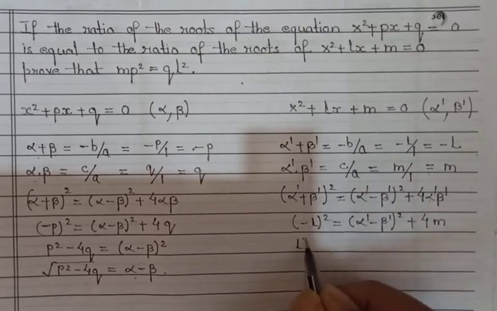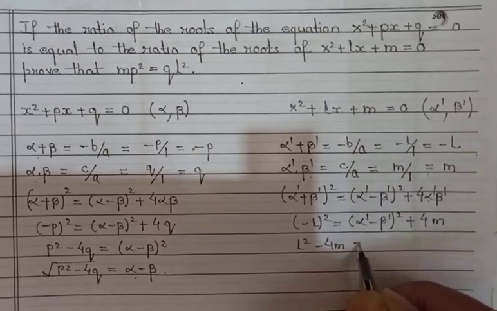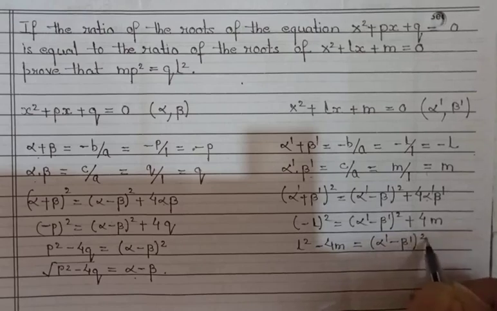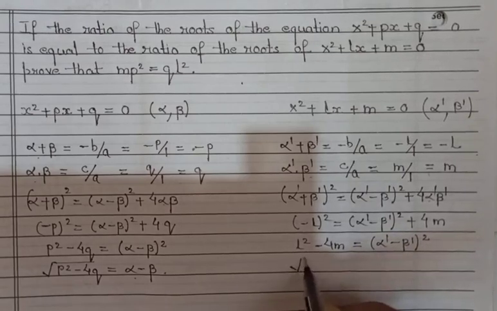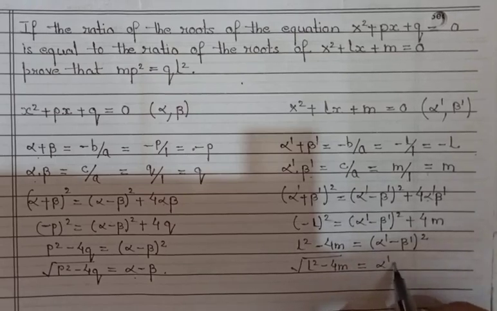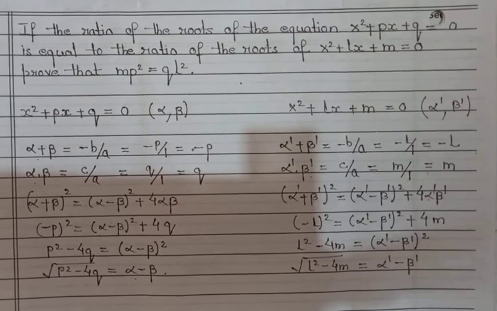So you will be getting L square minus 4m is equal to alpha dash minus beta dash whole square. So taking the root of it, you are getting root of L square minus 4m is equal to alpha dash minus beta dash.